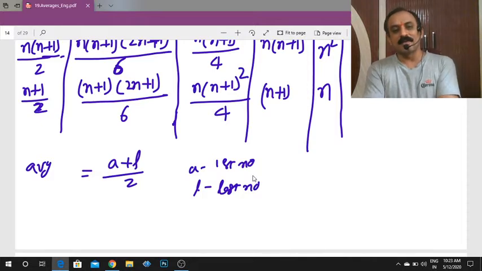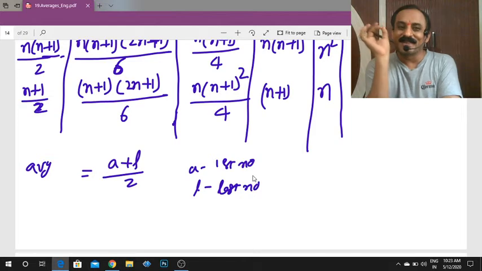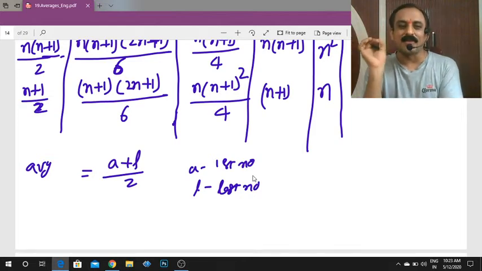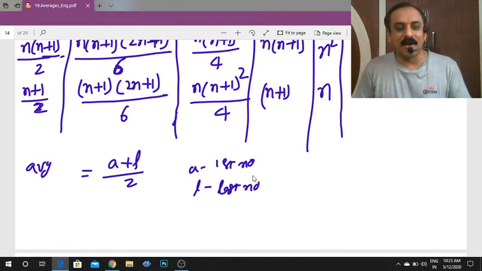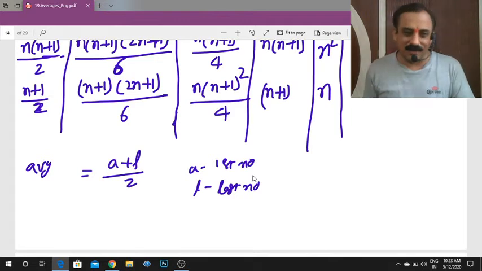Here one more formula: in an arithmetic progression, if the number of observations is odd, the middle number is the average. If the number of observations is even, the average is the average of the middle two numbers.